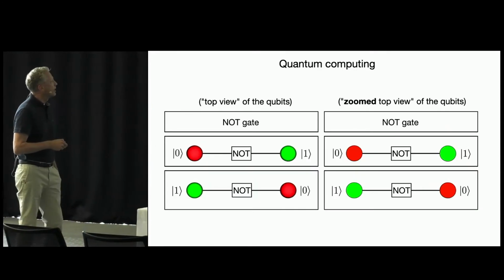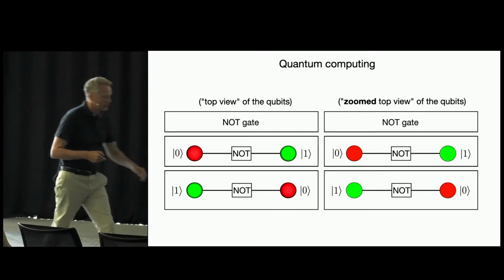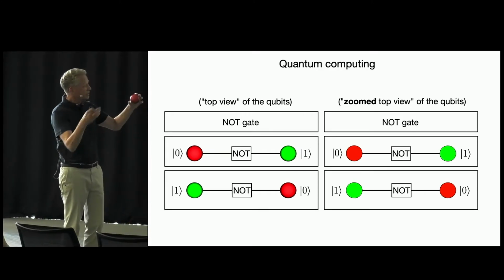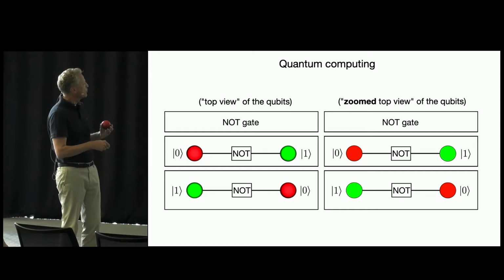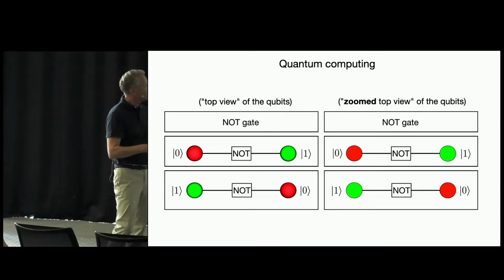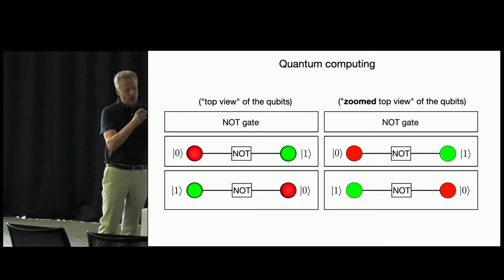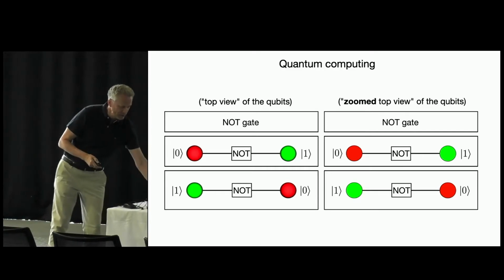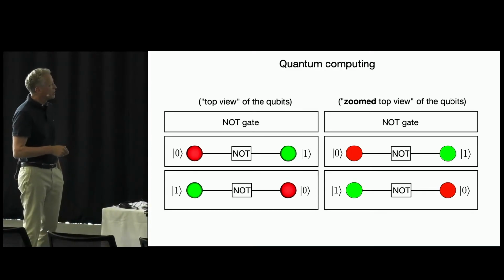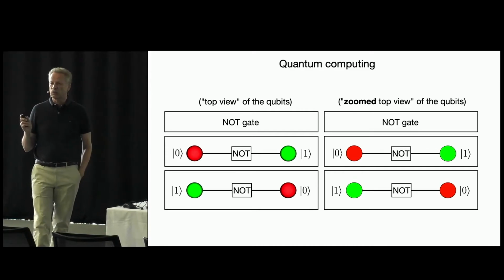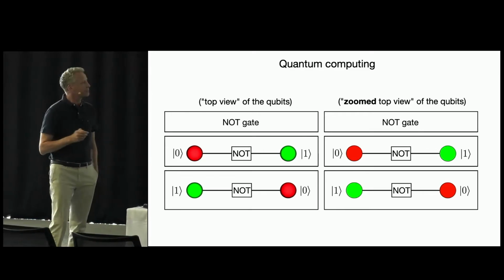This is the non-zoomed version, seen from the top, for example, for this NOT operation. And if you just look at the small region around the North Pole, then we have this picture, which is exactly identical to what we looked at for the classical bit.